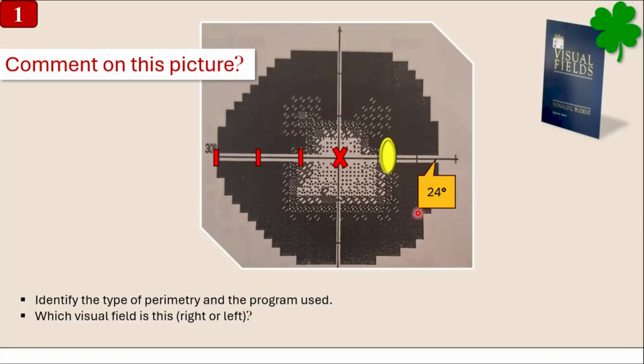Excellent. So this is like a description. Now, do you have any comment on this picture? What do you think this visual field represents? The appearance here is pathognomonic of a specific term, actually. Do you have any idea? So you see here a kind of a shape. Okay, some write in the chat. Yeah, exactly. Clover leaf.